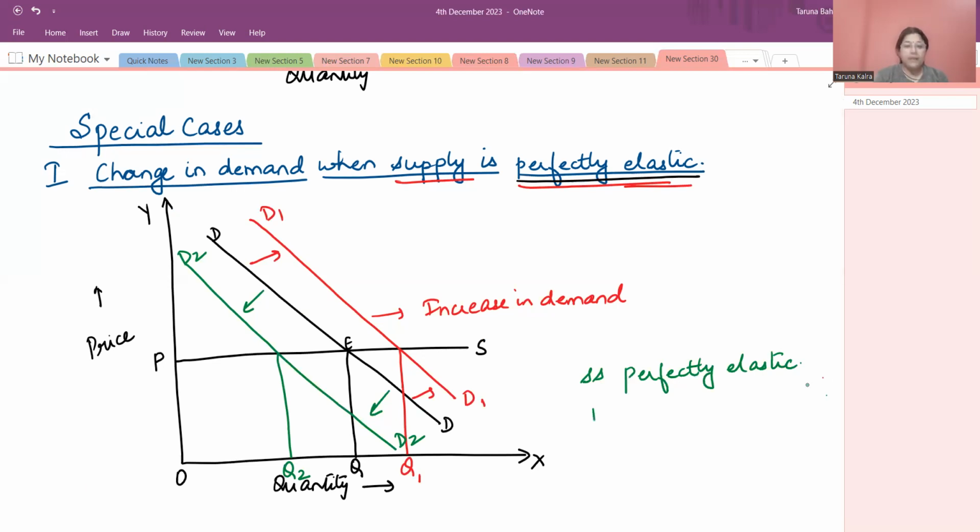When your demand increases, the demand curve will shift rightward, your equilibrium price will remain the same and equilibrium quantity will increase to OQ1 from OQ. And in case the demand decreases to D2, in that case also the equilibrium price will remain the same and equilibrium quantity is going to decrease to OQ2.